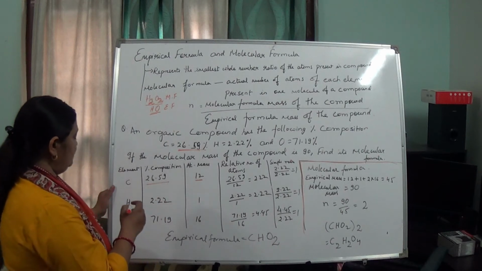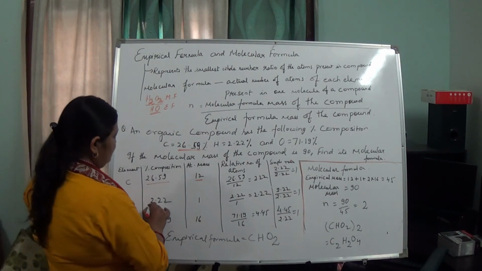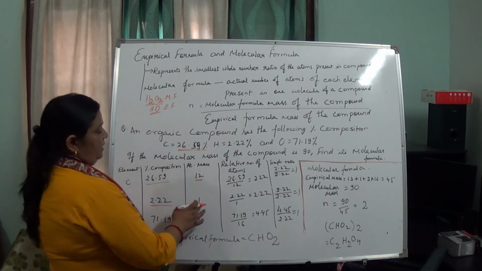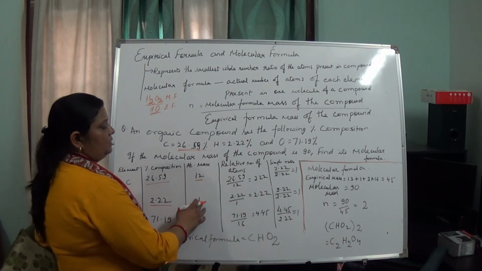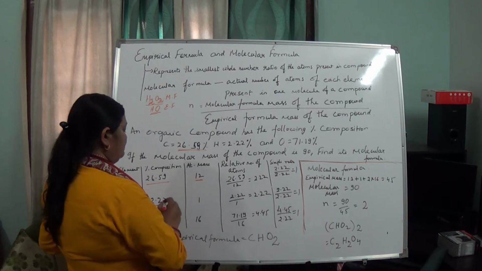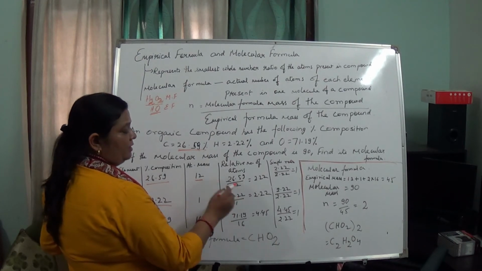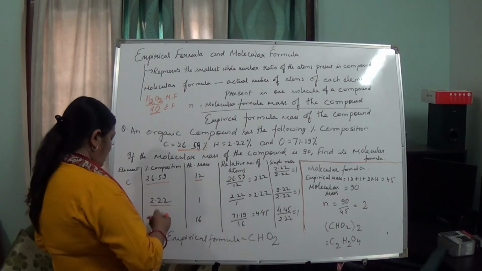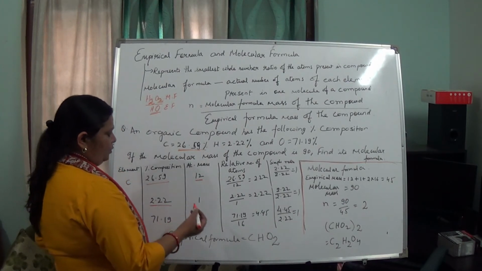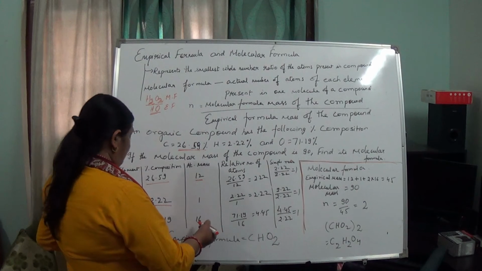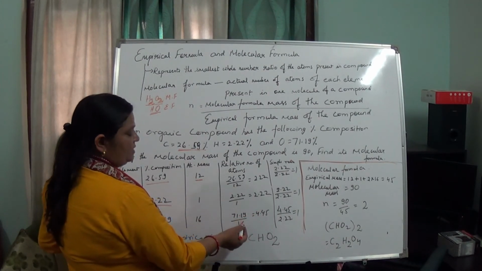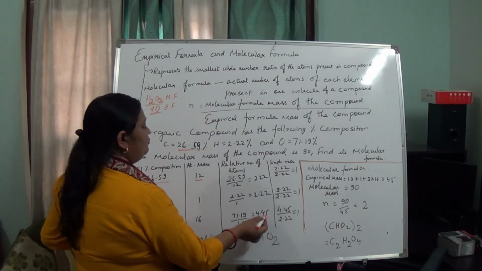Then see hydrogen: percentage 2.22, atomic mass 1. So the number of atoms, given mass upon atomic mass, is 2.22. Now oxygen, 71.19, and its atomic mass is 16. We divide the given mass by the atomic mass, and you get 4.45.